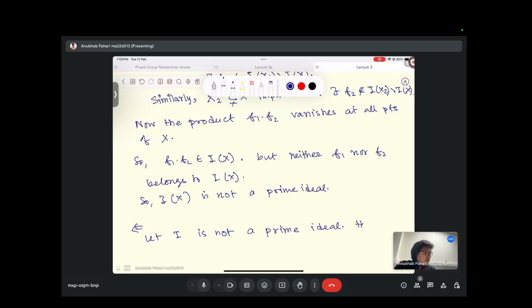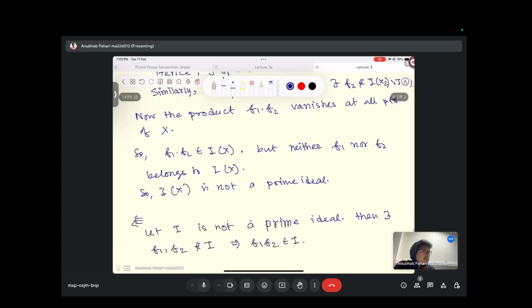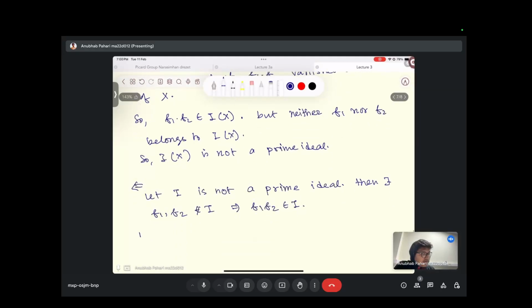Then there exist f1, f2 which do not belong to I, but f1 f2 belongs to I. Now consider the set S1 = I union {f1}.